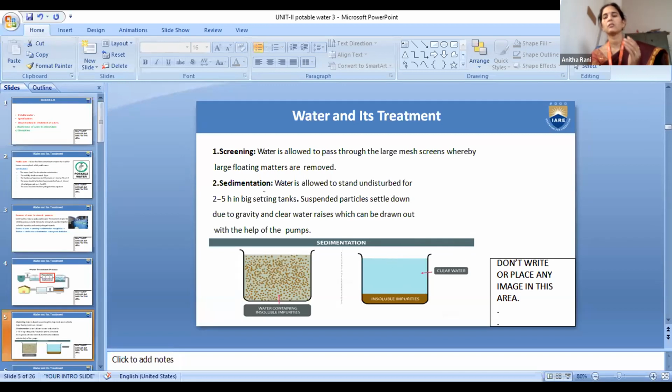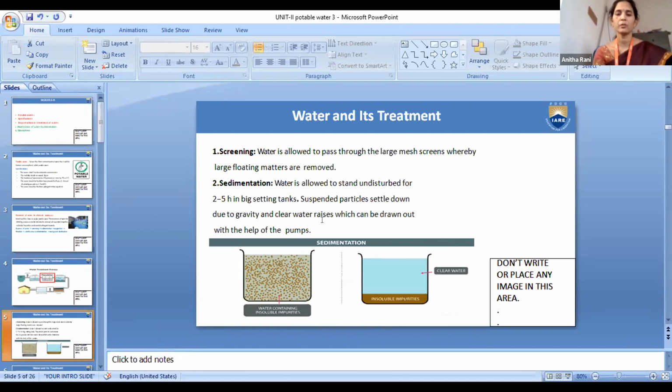So the second step is, water is allowed to stand undisturbed for 2 to 5 hours in big settling tanks. Suspended particles settle down due to gravity, and clear water rises, which can be drawn out with the help of pumps.